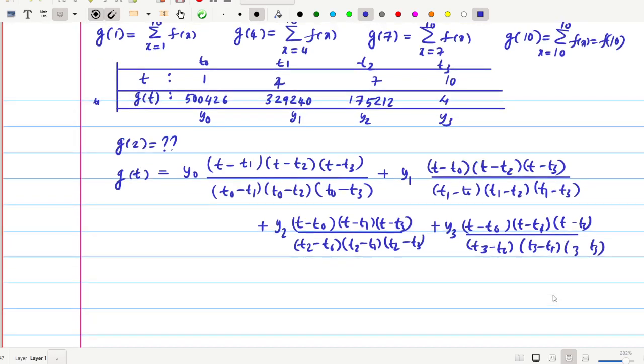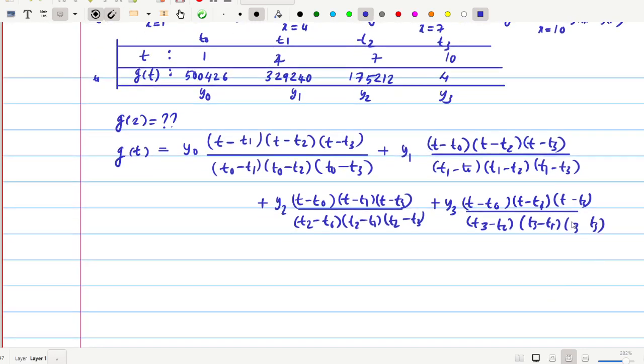So using this formula we write g of 2. We need to evaluate g of 2, and so we need to replace all the t by 2 and the corresponding values for x, y0, y1, y2, y3, and t0, t1, t2, t3.